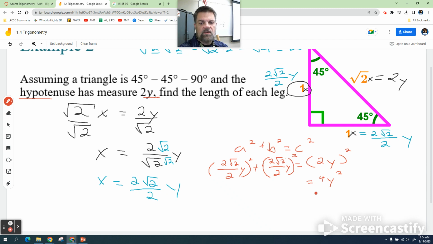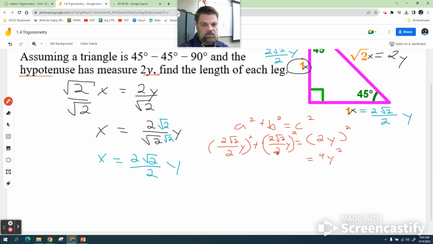Now this is an interesting thing when you go to square that, all right? When I go to square that, by the way, this is a neat little trick. I should have caught this over here. Isn't 2 divided by 2 just 1? Yeah. So really, x is just the square root of 2 times y.